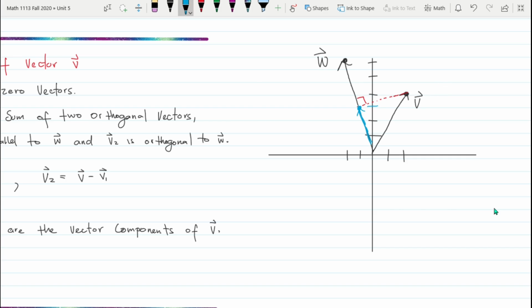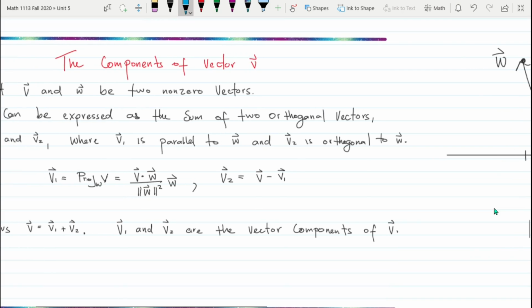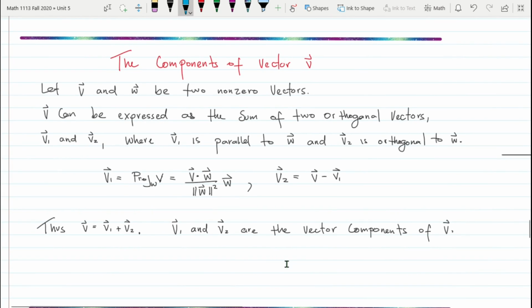So this is the result. The blue line is the projection of V onto W, which is this right here. We say V1, we're assigning it some value, right? We're naming it something, is equal to the projection of V onto W. And that is equal to the definition that we just showed above.